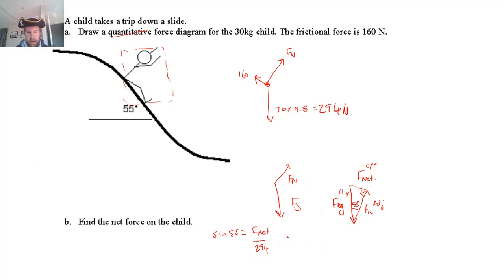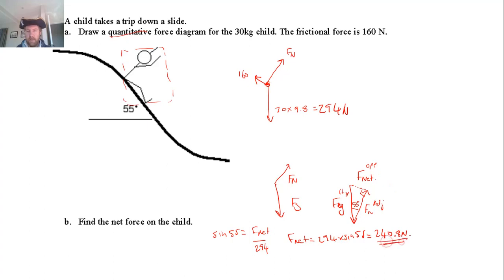When I rearrange that, I get F net equals 294 times sine 55 equals 240.8 newtons.